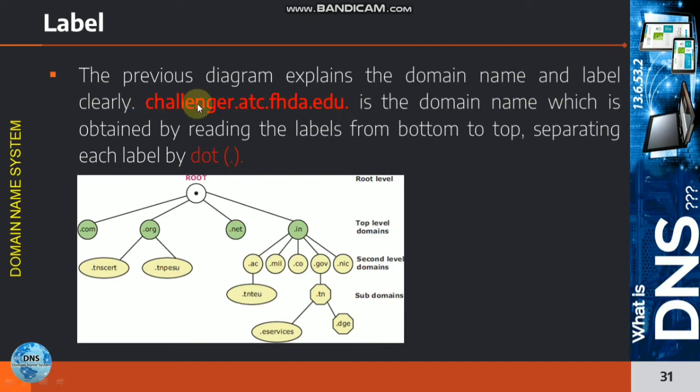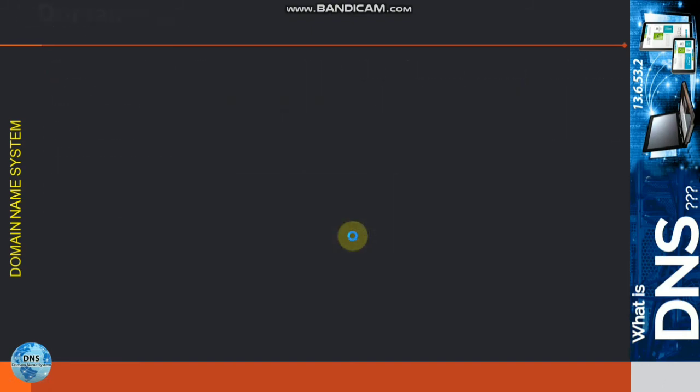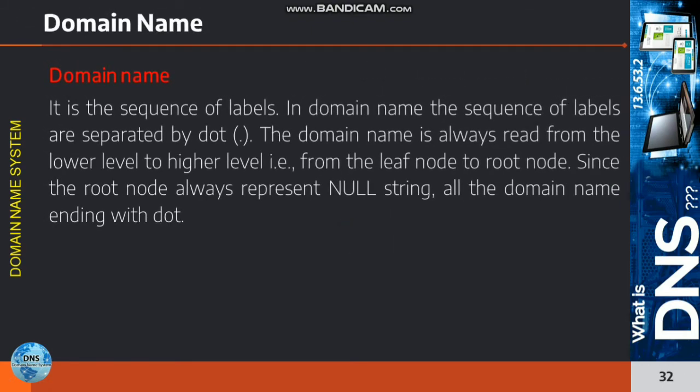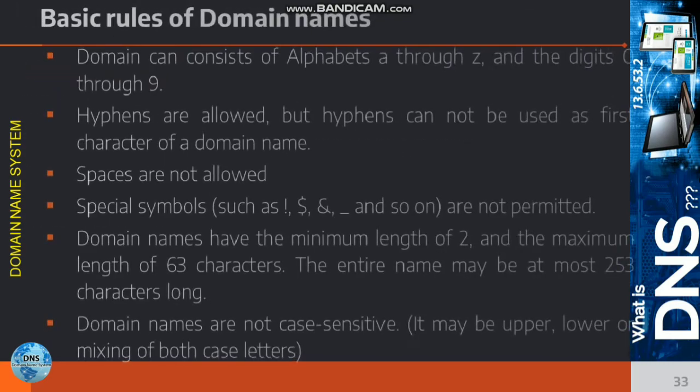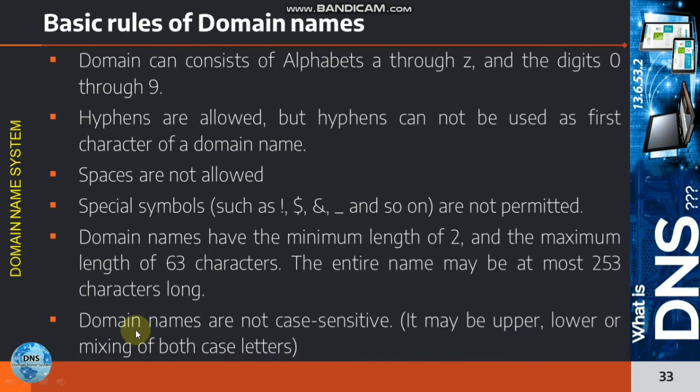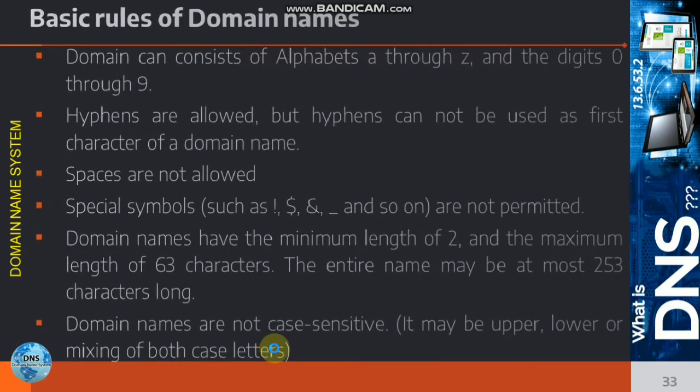So overall it can be up to a length of 253 characters. That is what they are trying to tell. The domain names are not case sensitive. You may have uppercase, lowercase, or even mix both uppercase and lowercase while naming a domain name.